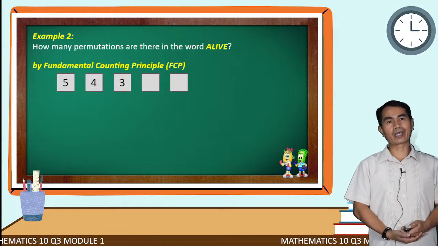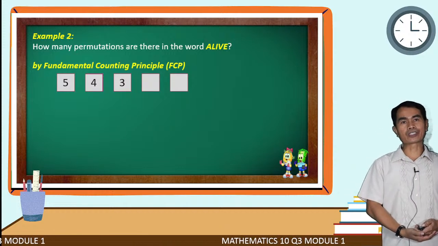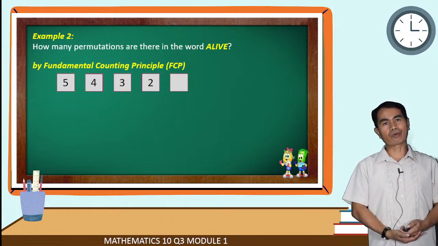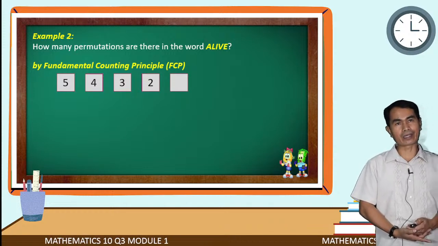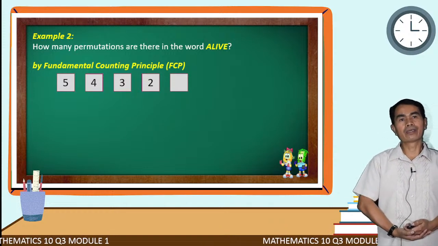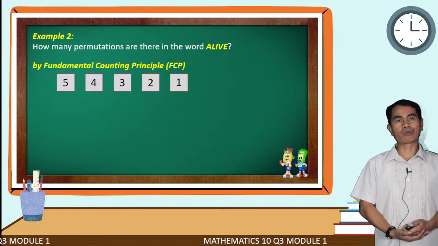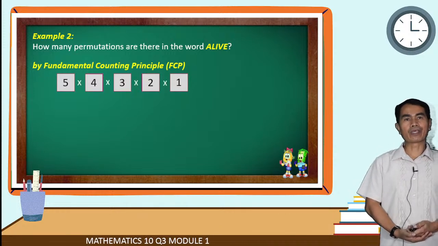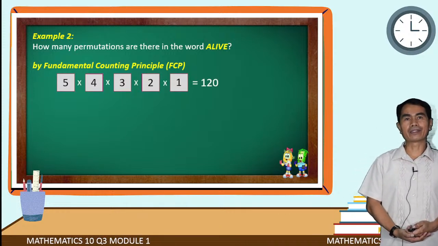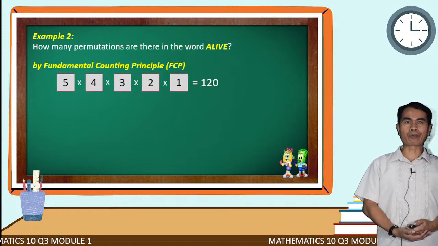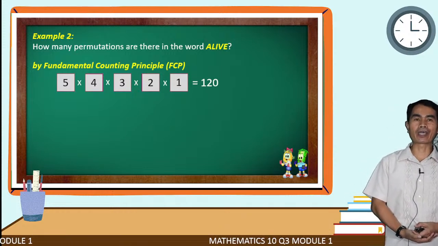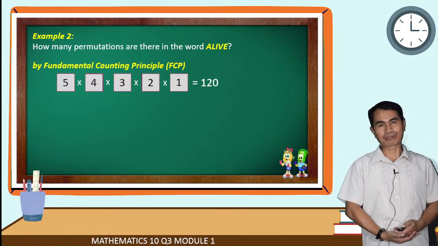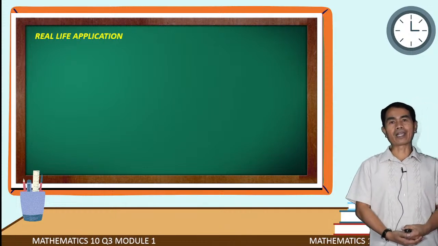Next box, there are only 2 options since we have used 3 letters already. And of course, the last box, we have only 1 letter remaining, so 1 choice only. So we multiply the given choices to obtain 120. So how many permutations are there in the word alive? There are 120 of them, 120 permutations.